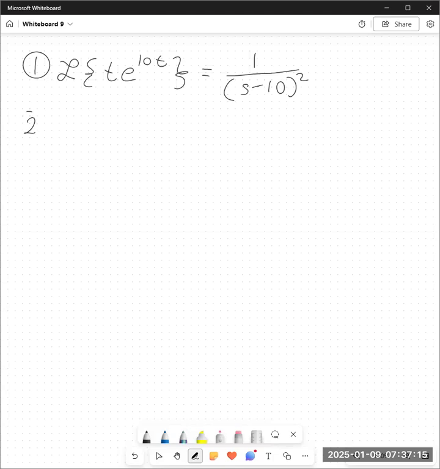Okay, let's go ahead and look at number 3. It says Laplace transform of t cubed e to the negative 2t.